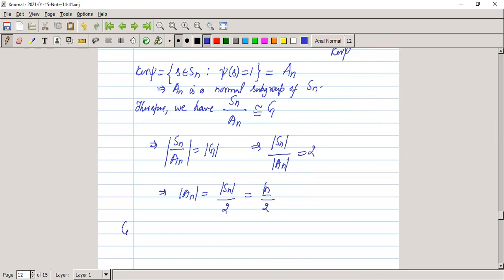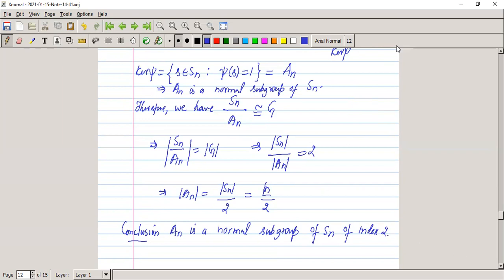So let's make the conclusion here now. An is a normal subgroup of Sn of index 2.